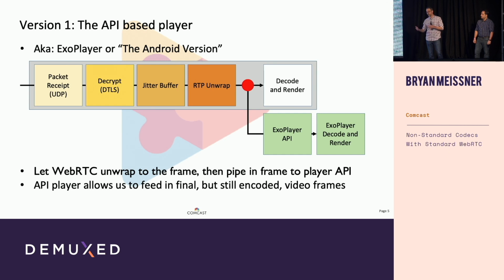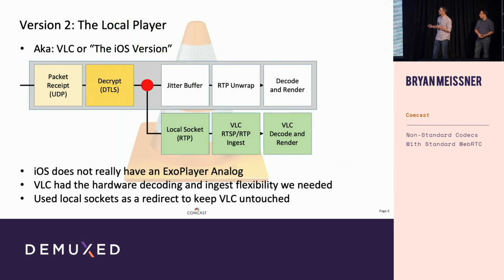Once we were left with just the raw H.264 frames, we could lift that out of the stack through a little bit of piping magic, drop it directly into the ExoPlayer APIs, and let ExoPlayer handle our decoding and rendering from there, totally bypassing the WebRTC decoder at that point.